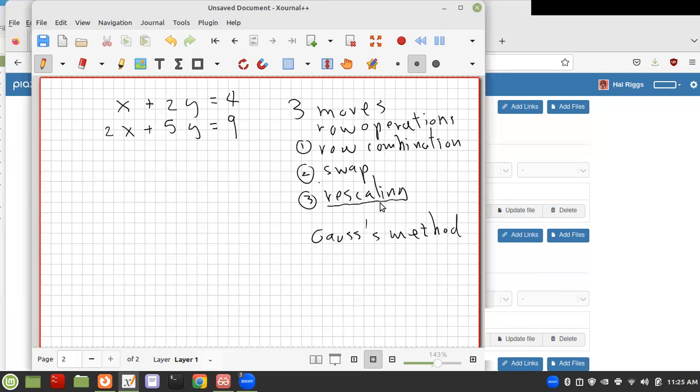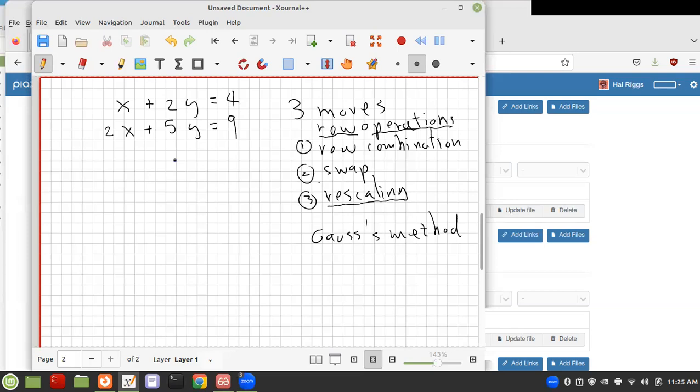Okay, so what are these row operations? Well, the key idea is this. The row operations aim to transform this problem into a simpler problem that we can solve more simply. And you can prove or show that these 3 row operations don't introduce any extra solutions and they don't lose any solutions.